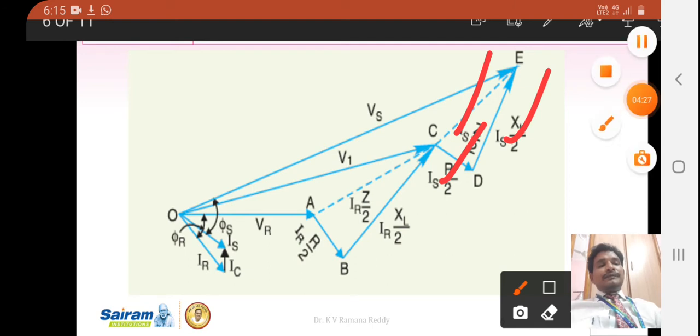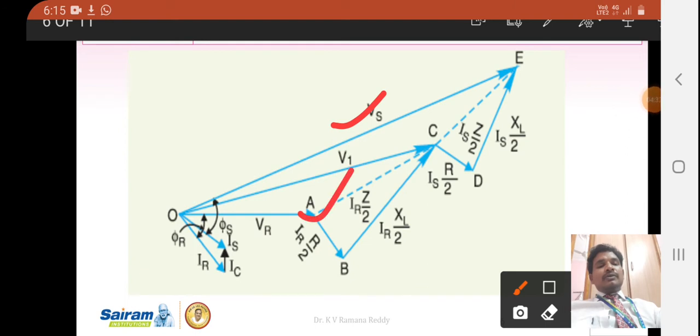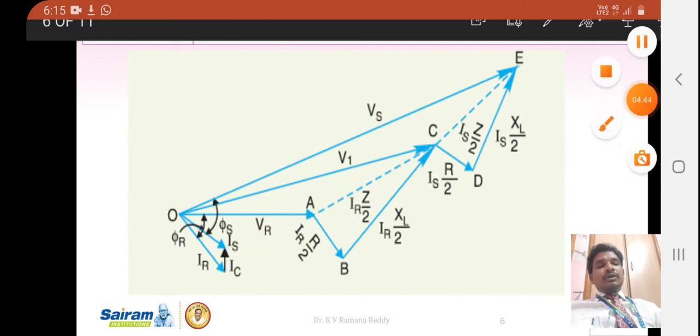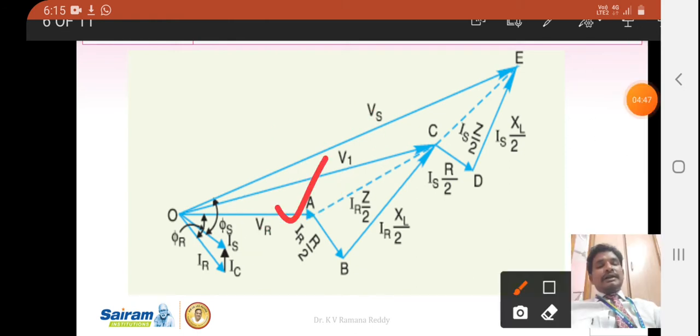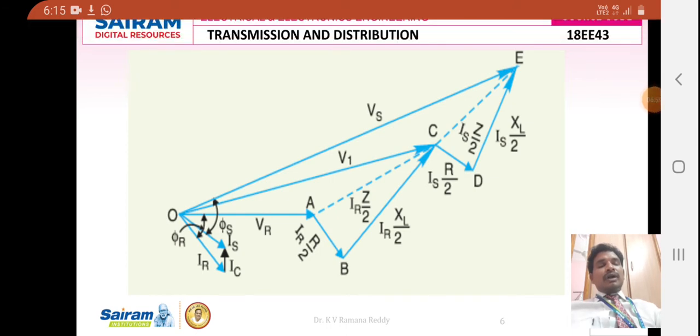Vs is the sending end voltage and Vr is the receiving end voltage. The relation between Vs and Is gives the sending end phase angle phi s, and the relation between Vr and its current Ir gives phi r. So cos phi r gives the receiving end power factor. This is the relation between the parameters according to the phasor diagram.